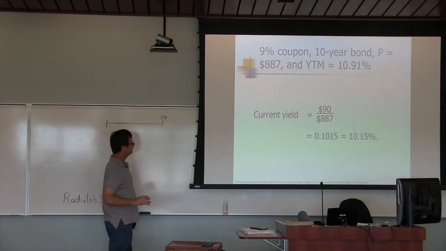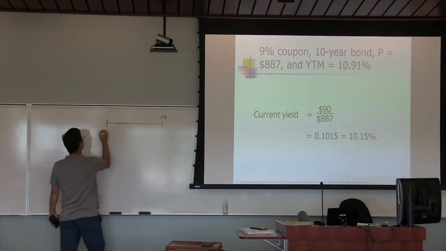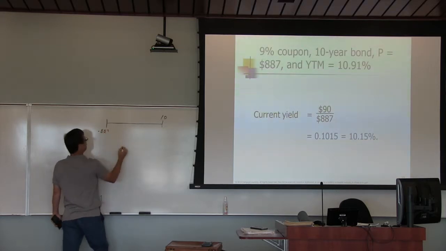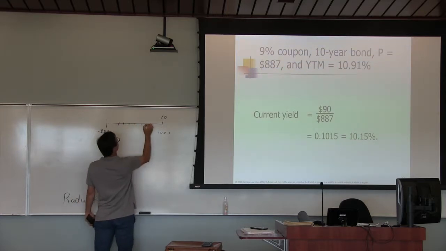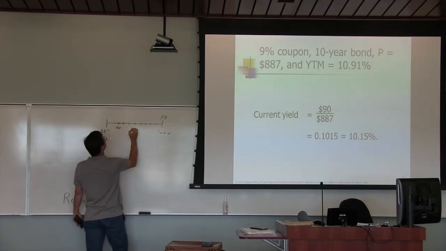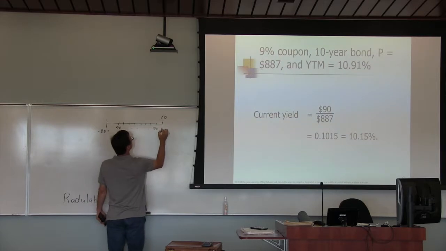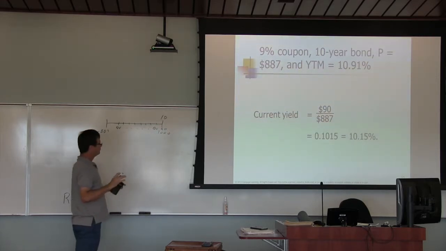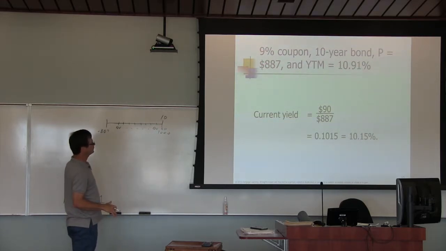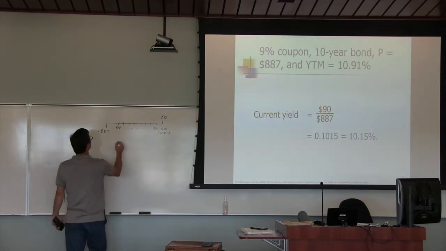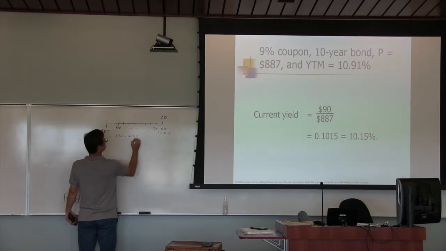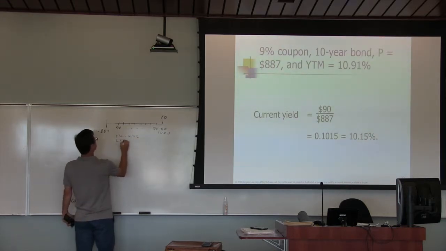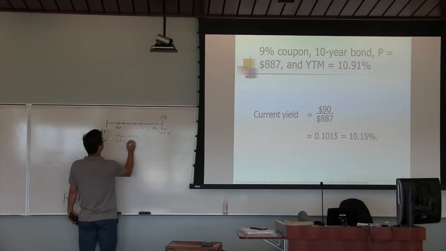And so our original setup on that is we would be willing to pay $887 for this bond that's going to give us $90 10 times, right? Like that, okay? And from that, it is established then that our yield to maturity is 10.91%, and the current yield is 10.15% there, right?